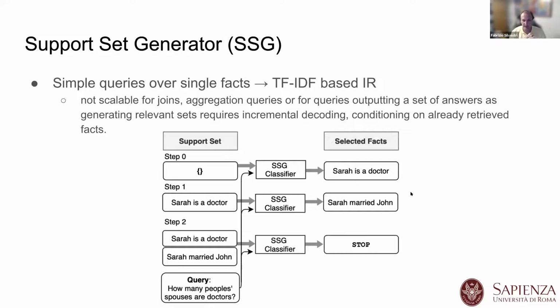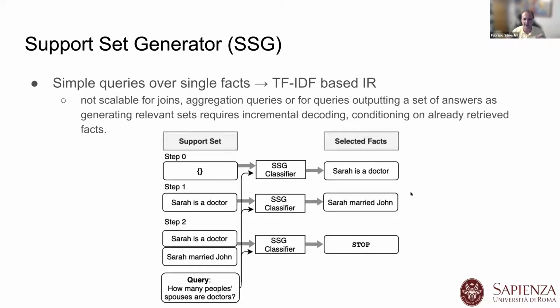Now, without going into details, the support set generator, as I already hinted at, is not a simple retrieval thing, but it reminds me of query refinement, of Rocchio algorithms for query expansion. That is, you retrieve a first set of facts, and you try to understand.